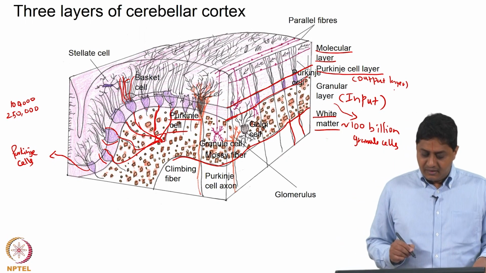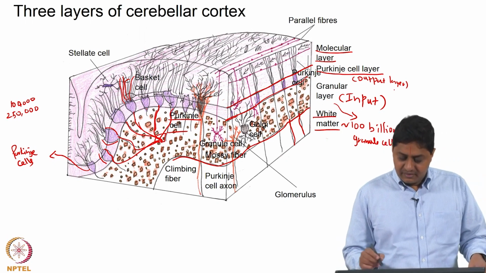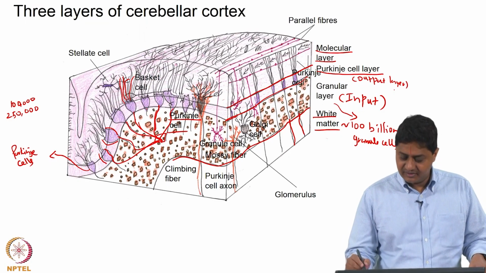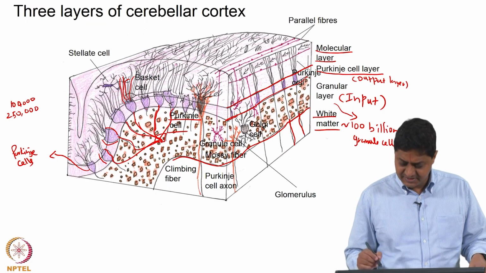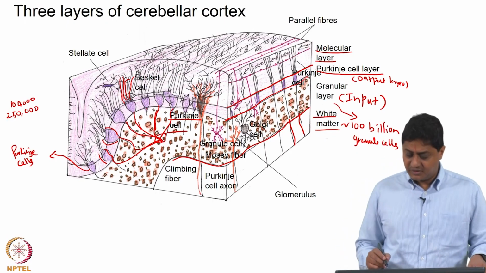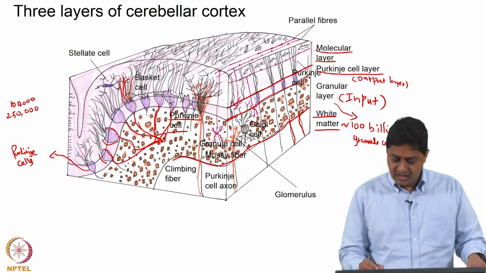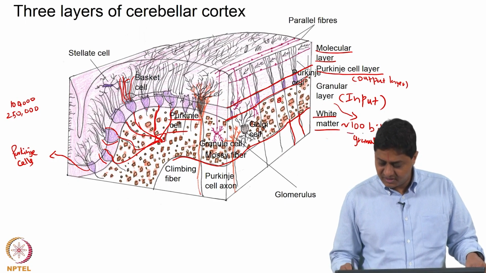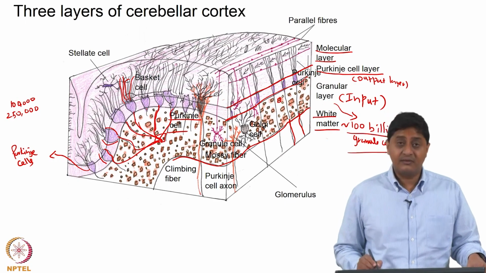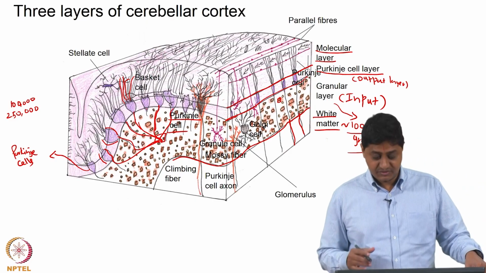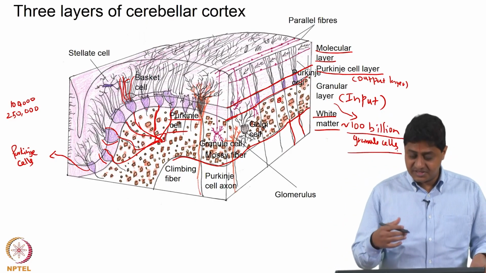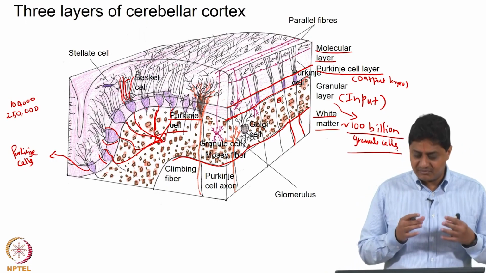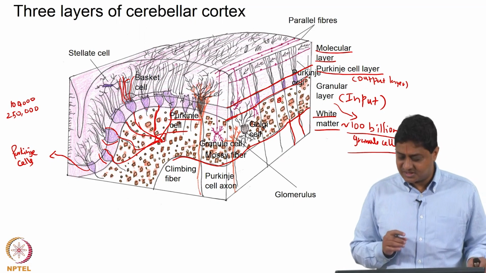In the molecular layer, what you have are dendrites of the Purkinje cells, and the axons of the granule cells, which we said are a very large number. I am going to be throwing out such large numbers, so please be cautious in interpreting them, and verify them to make sure that you get the numbers correct.